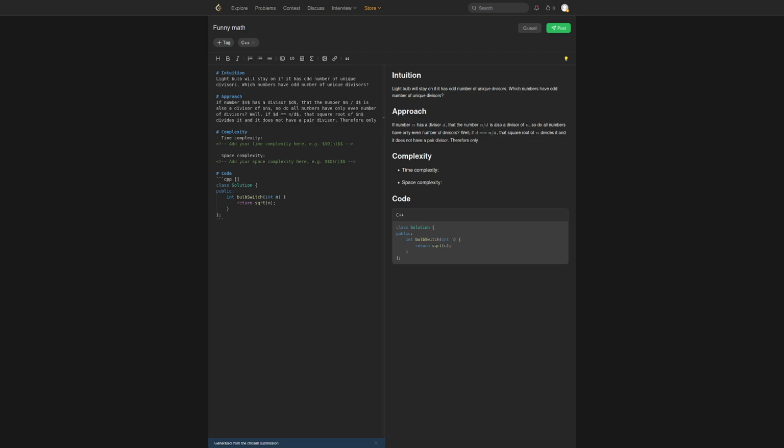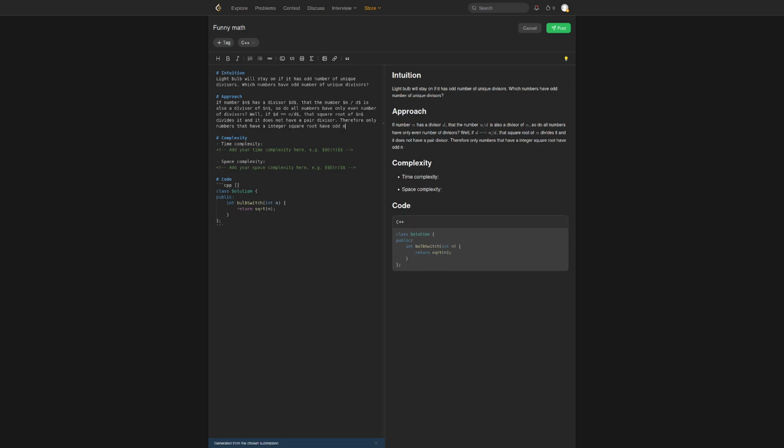Therefore, only numbers that have an integer square root have an odd number of divisors.